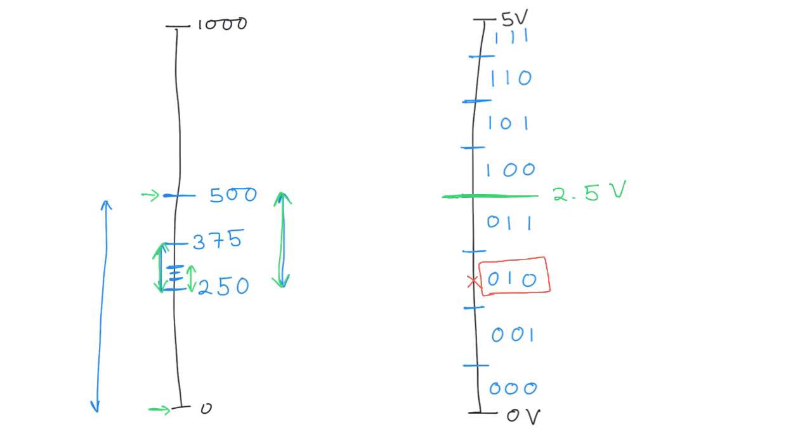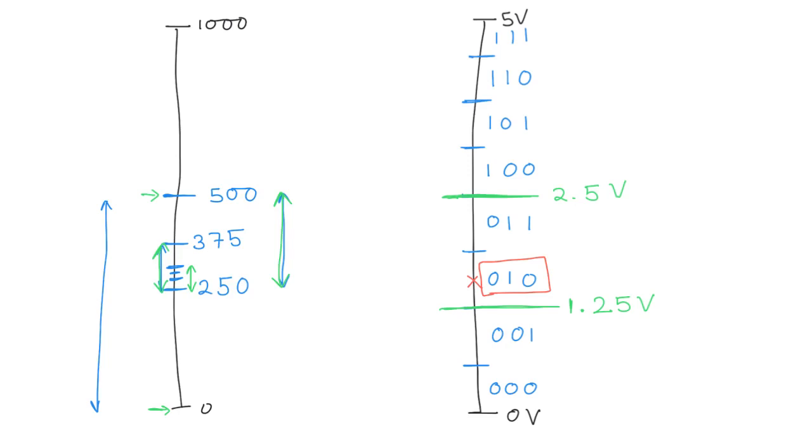Once we know that, we compare it with 1.25 volts, and we find out that the analog value is greater than 1.25 volts. So now we know that the analog value lies between 1.25 and 2.5 volts.